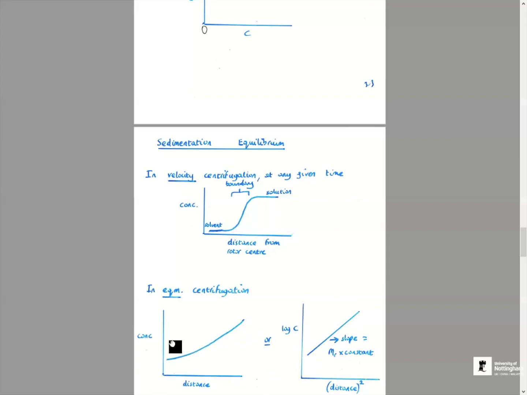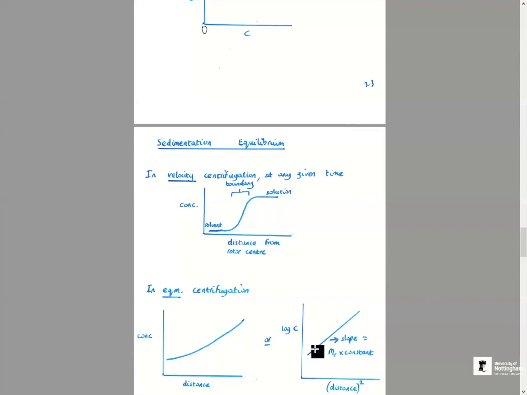This profile was measured by absorption optics or refractive index optics, depending on what you've got. What you can do is transform this plot of concentration against distance from the center of rotation to a plot of log concentration against distance squared.